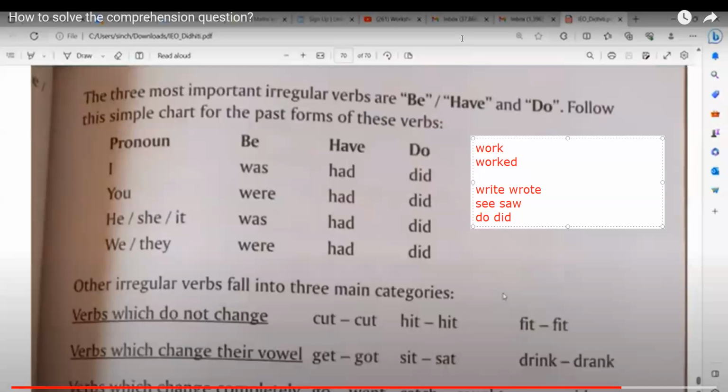Very good. Okay. Now, Shivam, can you give me an example with we and were?